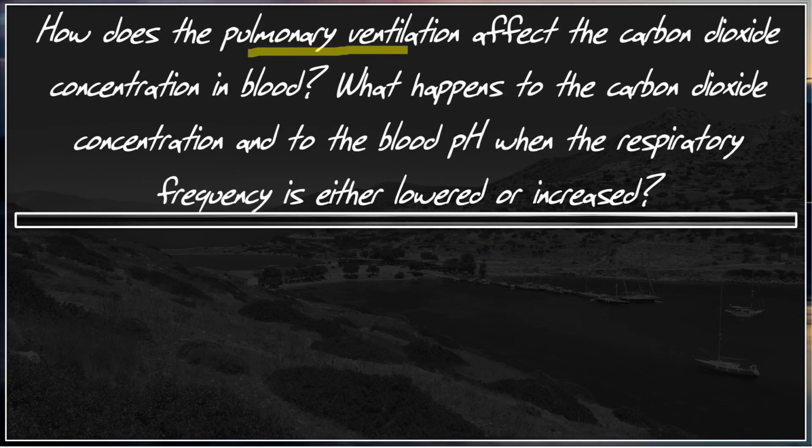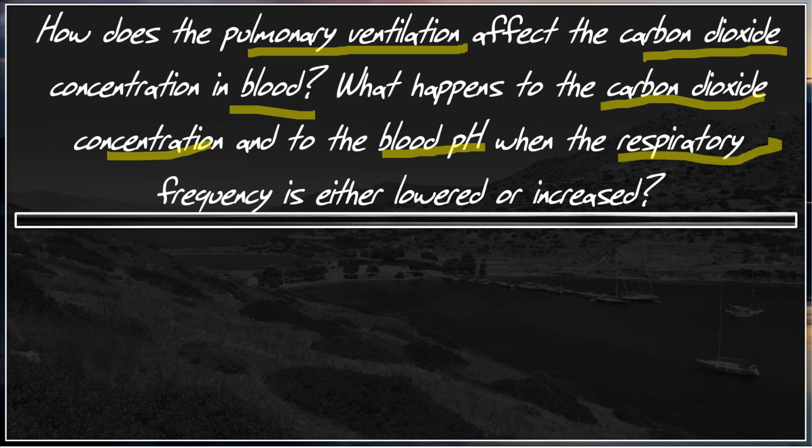How does the pulmonary ventilation affect carbon dioxide concentration in blood? What happens to the carbon dioxide concentration and to the blood pH when the respiratory frequency is either lowered or increased?